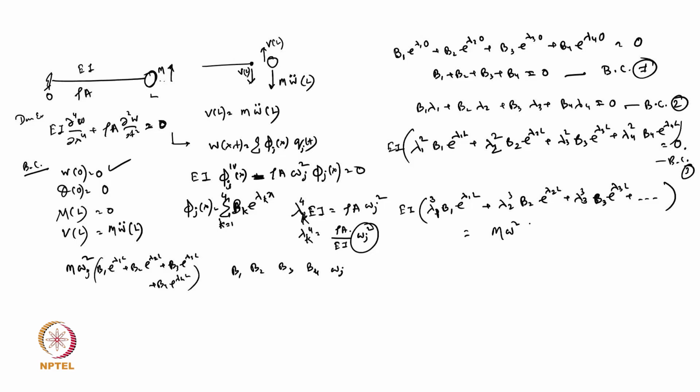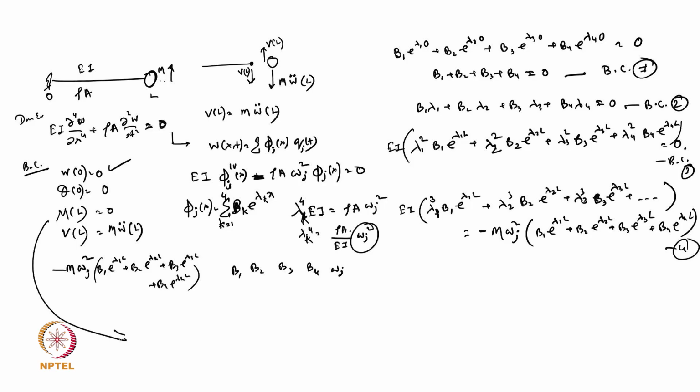So M into omega square with a minus sign will be there, omega j, V1 e to the power of lambda 1L plus V2 e to the power of lambda 2L plus V3 e to the power of lambda 3L plus V4 e to the power of lambda 4L. That's something quite long. So that way we can go, or else we can make it in the matrix form as well.